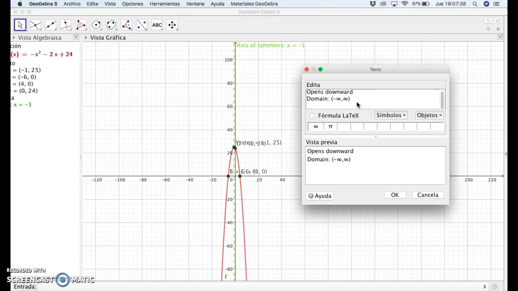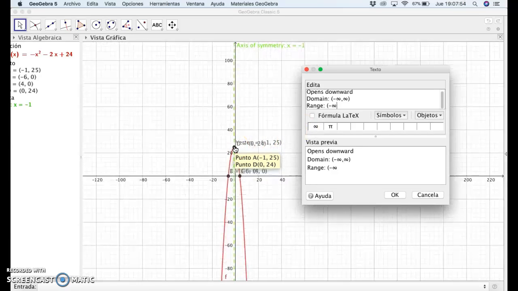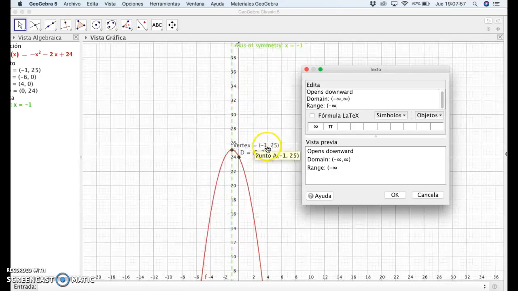Now our range is going to be minus infinity to 25. Why 25? Because 25 will be the highest point of the graph. The graph will never get higher. So the 25 is of the y's.